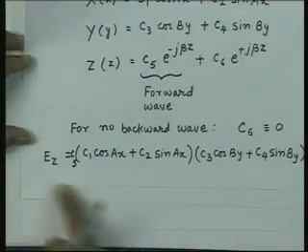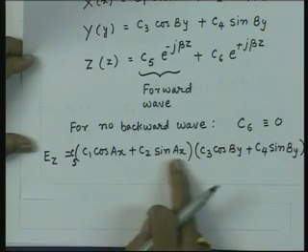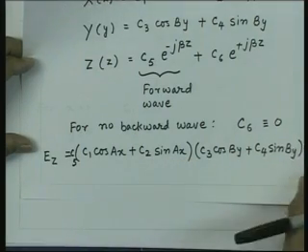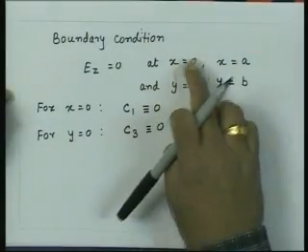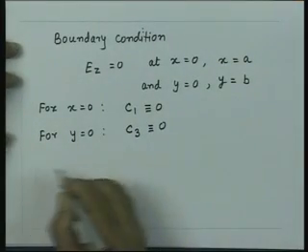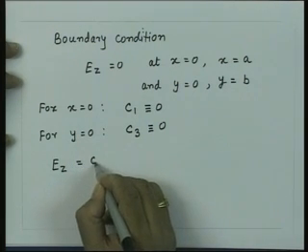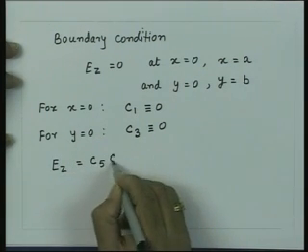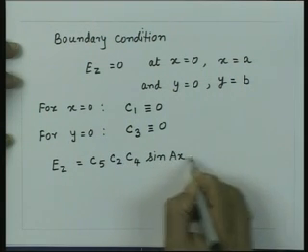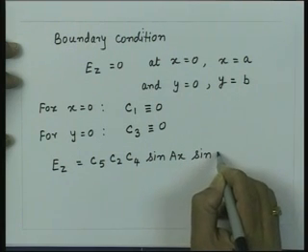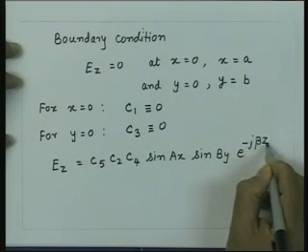Once you get that, the solution has now become C2, C4, C5 sin of Ax, sin of By e to the power minus j beta z. So, the general solution which can satisfy the boundary conditions x equal to 0, y equal to 0 will be Ez equal to C5, C2, C4 sin of Ax, sin of By e to the power minus j beta z.